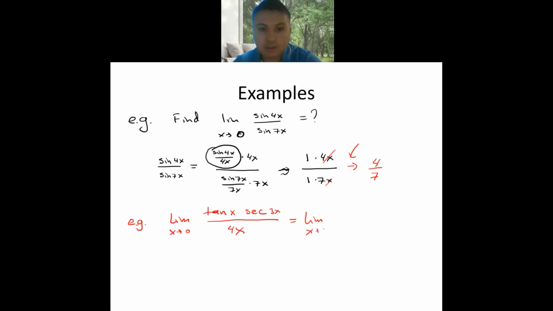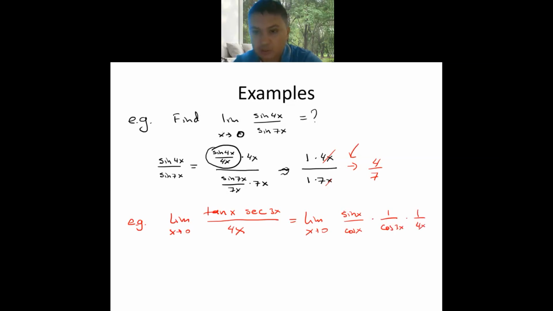Here you can write tangent of x as sine x over cosine x, right? And you can write secant of 3x as 1 over cosine 3x, and then we also have 1 over 4x.